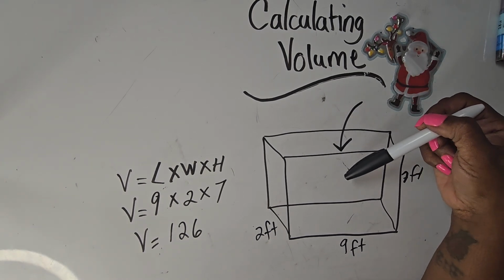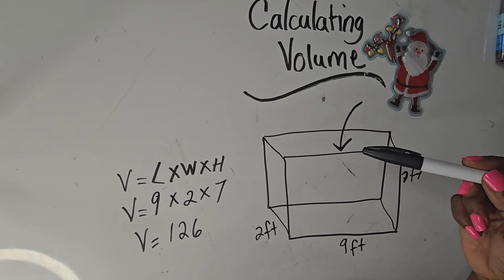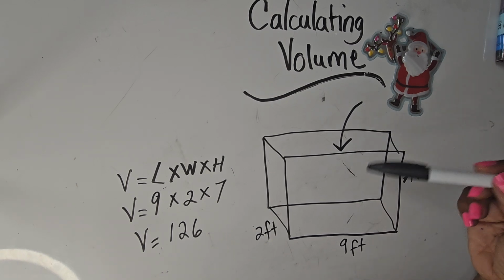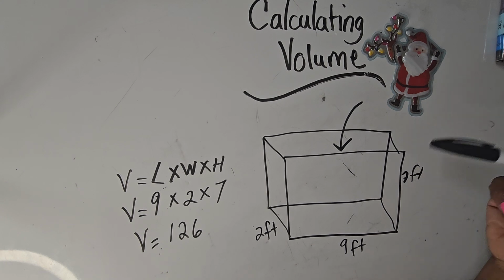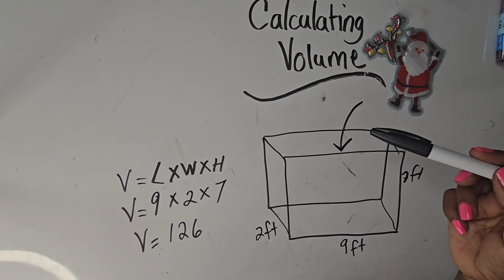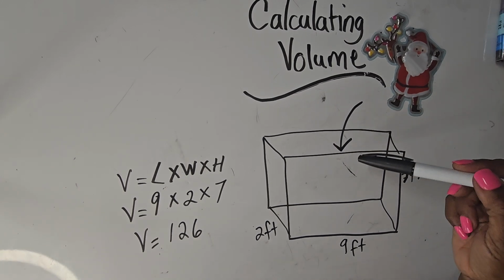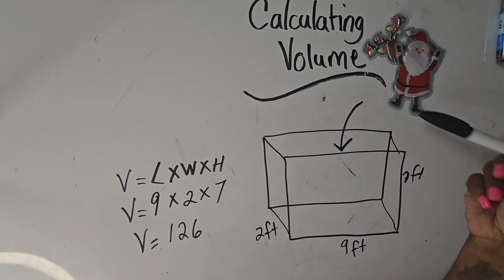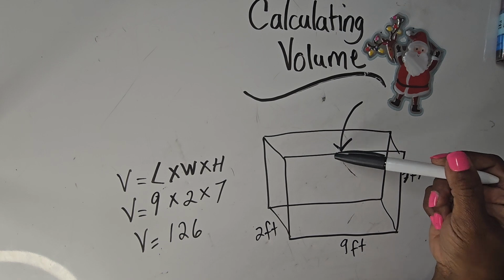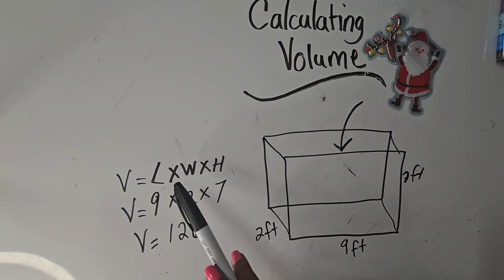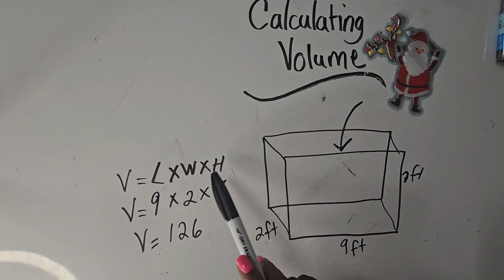Some people can fill a rectangular shape like this with a bunch of those little 1 unit cubes, and they can figure out the volume by the cubes. How many unit cubes can you fit in this space? Or, like I like to use the shortcut, why don't I just use the formula? In order to figure out how many cubes could fill this space, you multiply the length times the width times the height.